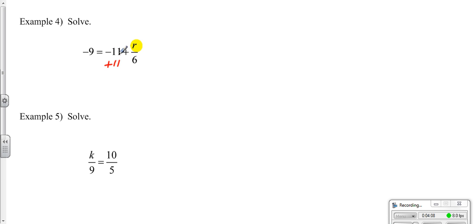We always look to the sign in front of a number to decide if we're going to add or subtract. In this case it's minus, so we add. So now on the right side we have r over 6 and negative 9 plus 11 is plus 2.